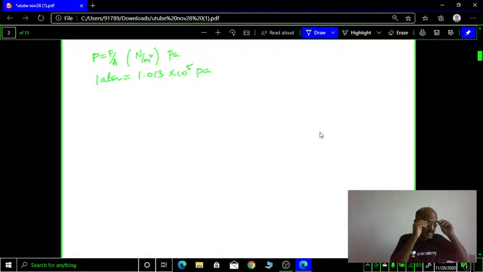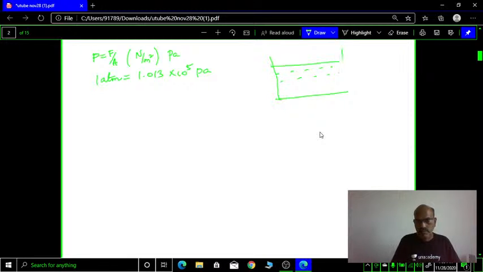Now consider a vessel, and at the surface of the water atmospheric pressure, say P0, is acting. If I consider a point P at a depth D inside, what is the pressure at point P? Usually we know a liquid exerts an upthrust.